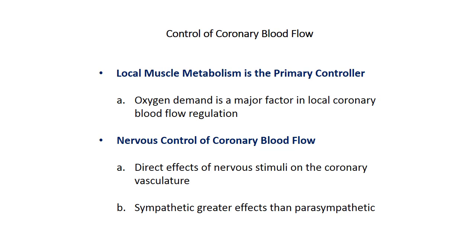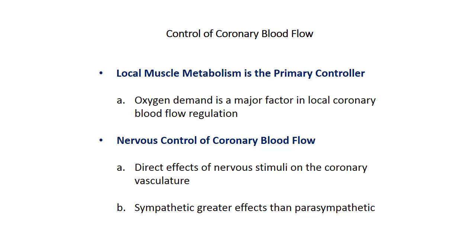The other important factor is adenosine. Also some other agents such as potassium ion, hydrogen ion, carbon dioxide, prostaglandins, and nitric oxide are known as other vasodilators for coronary blood flow.